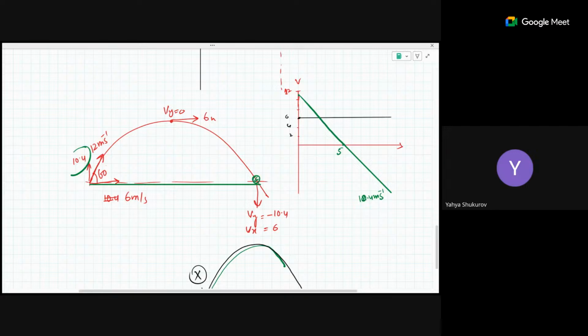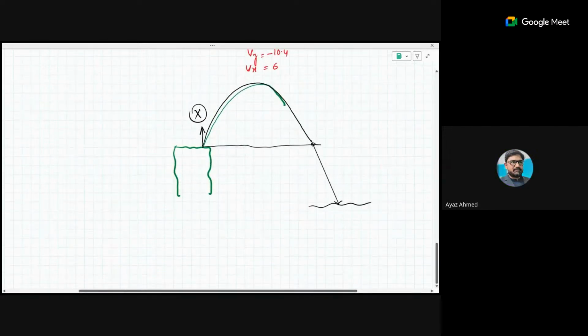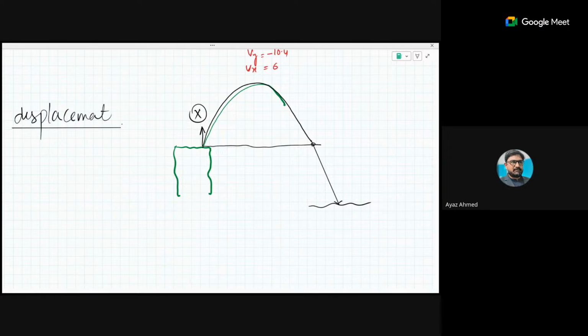Okay, now the last calculation of your projectile motion is the calculation of displacement. Actually, when we talk about displacement, displacement is the shortest distance.